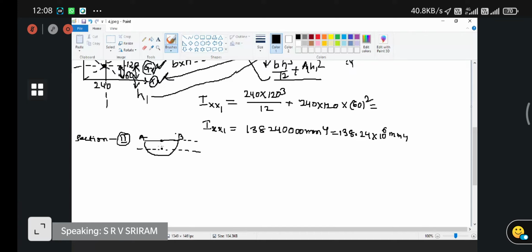If you clearly observe the centroid of a semicircle from its base, this is the base, how much distance is it going to have? This is the centroidal distance from the base.